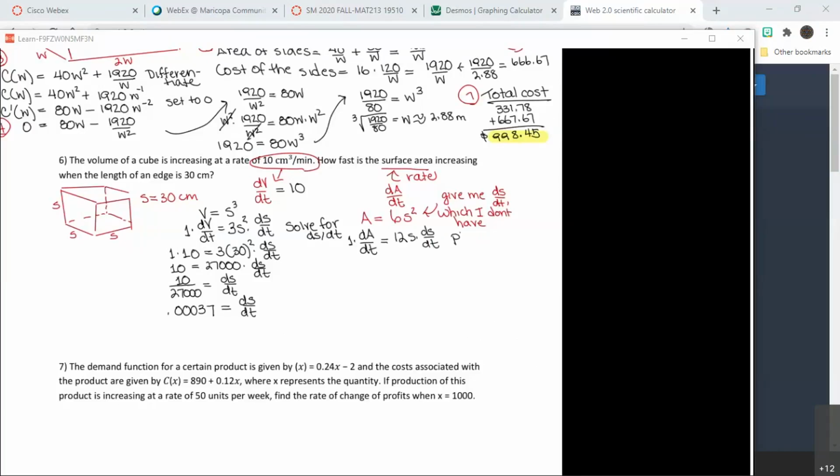So plug in: dA/dt equals 12 times 30 times 0.00037.